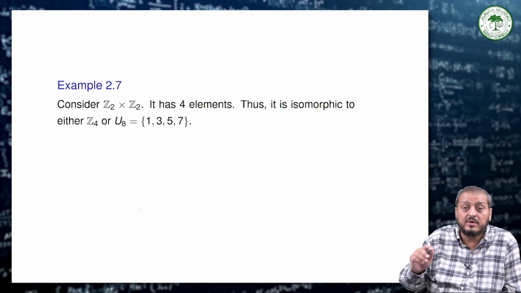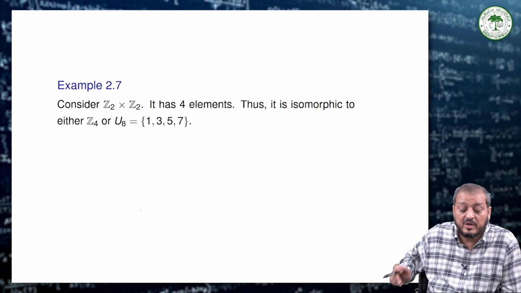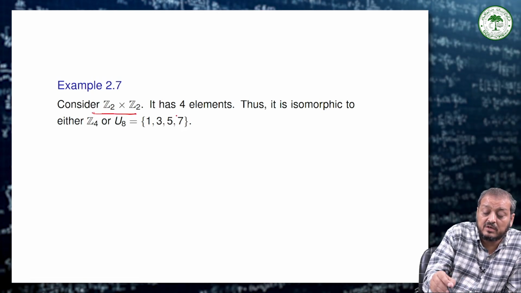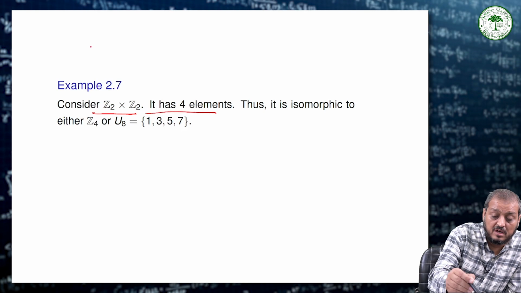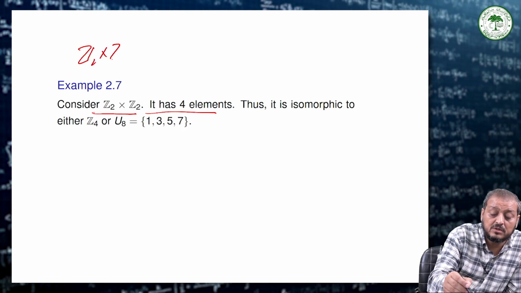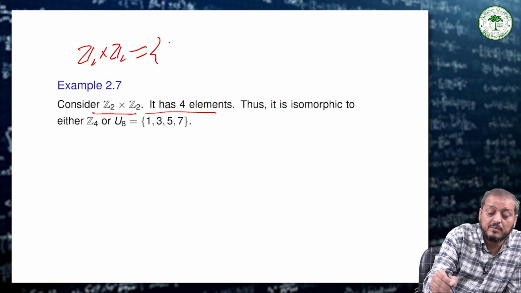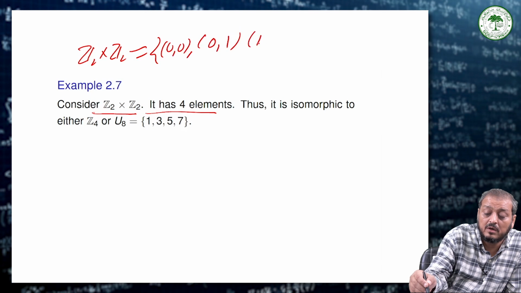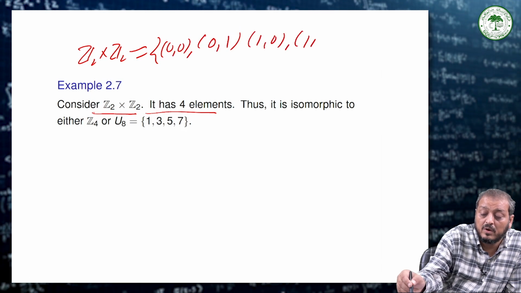Now one more question: consider Z2 cross Z2, which has 4 elements. What are the 4 elements? We know that Z2 cross Z2 has the elements (0,0), (0,1), (1,0), and (1,1).